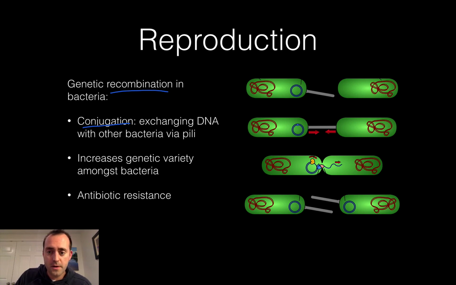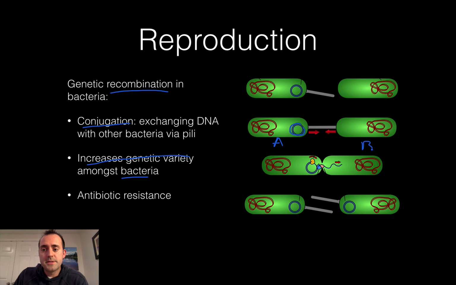And what they transfer are these circle-shaped plasmids. This basically helps increase genetic variability amongst bacteria cells. It helps bacteria basically evolve. You know, bacteria A may have a plasmid that makes it resistant to penicillin.